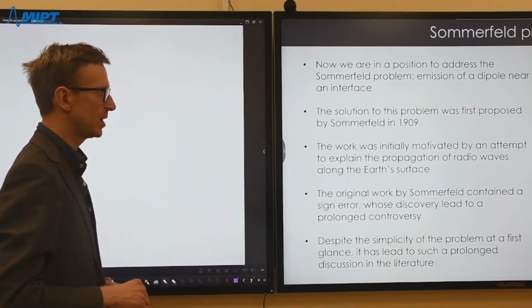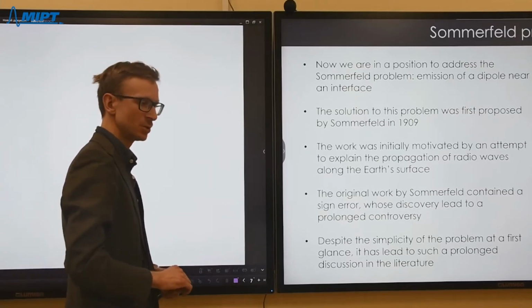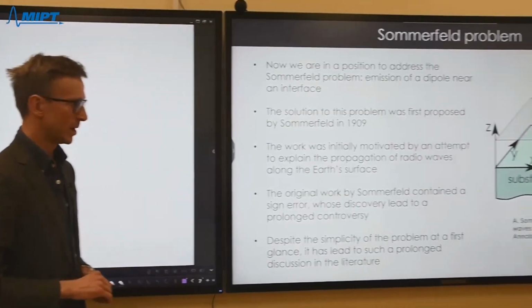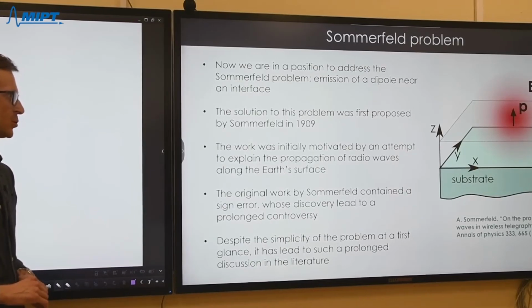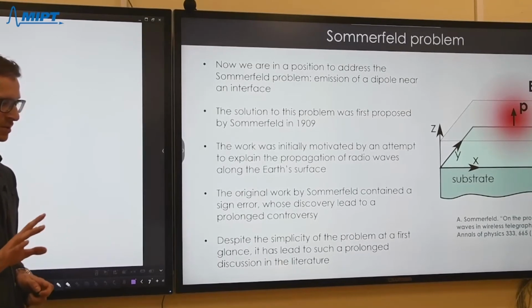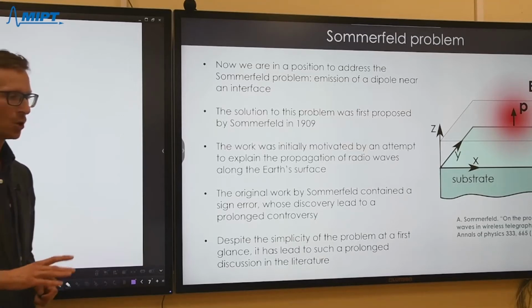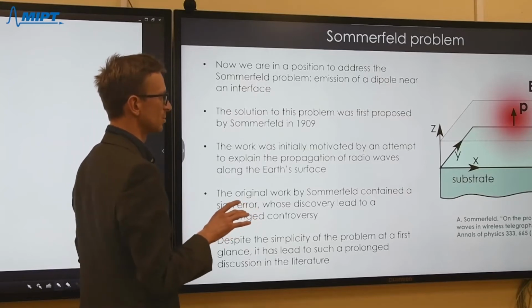But anyway, a few decades after the original work, the problem was finally solved without any mistakes. Now we can utilize this solution, and in the following I'll try to present only part of it, because the problem, like I said, is quite sophisticated, and I'm going to outline only the general recipe of solving this radiation problem. Okay?